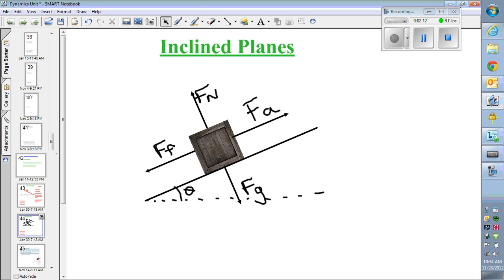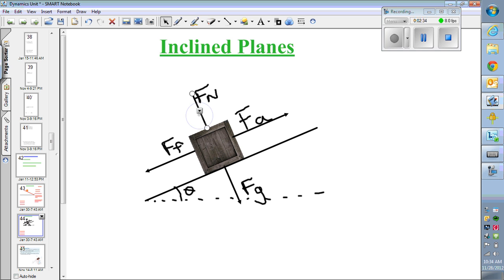You're now pushing with your FA up the plane. It's not to the right anymore because it's up the plane. And the friction isn't this way, it's down the plane along that arrow. It's now on an angle compared to what it was before.